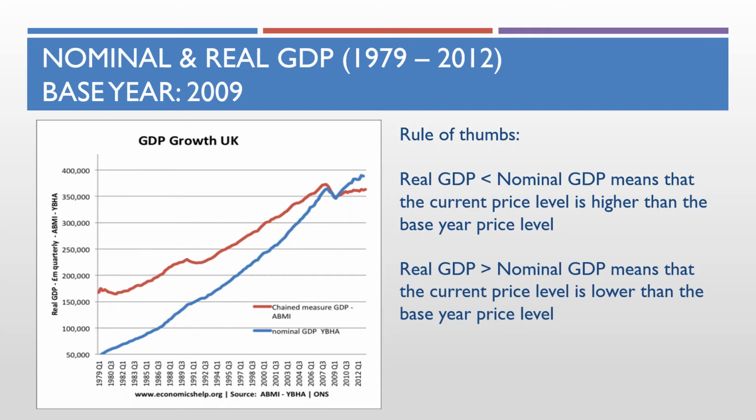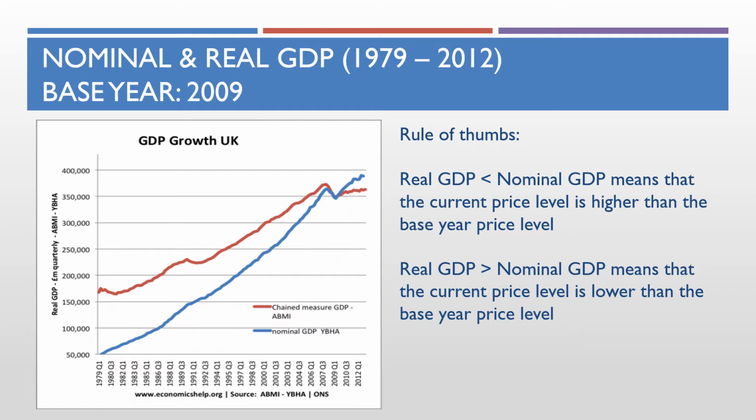Whenever the real GDP is above the nominal GDP, for example, from the year 1979 all the way down to 2009, you can see that the orange line is always above the blue line. And that basically means the price level in the current periods is lower than in the base year.